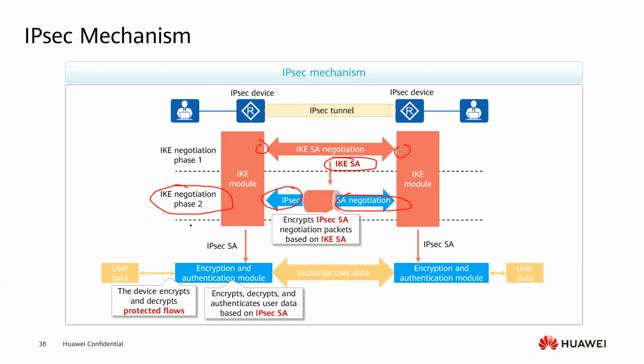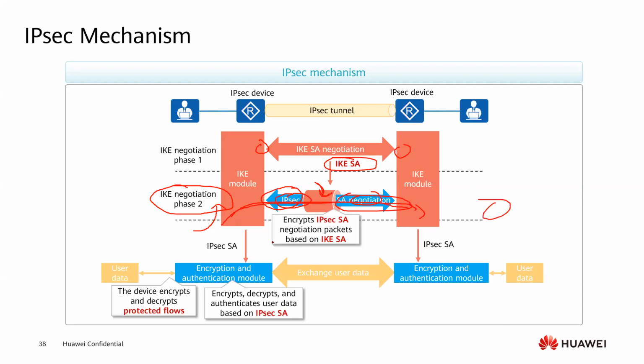They will put the symmetric key in and use this IKE SA asymmetric encryption, and forward the packet to the other side.